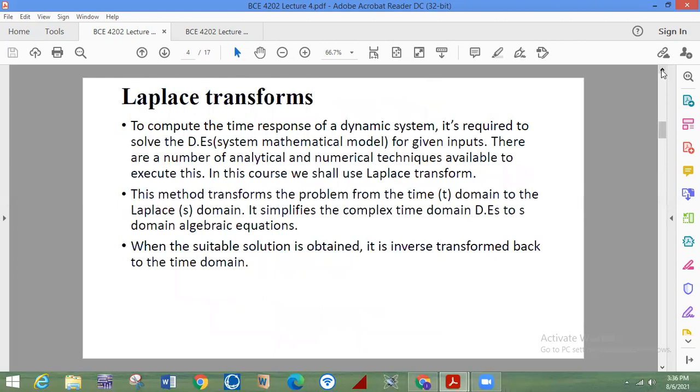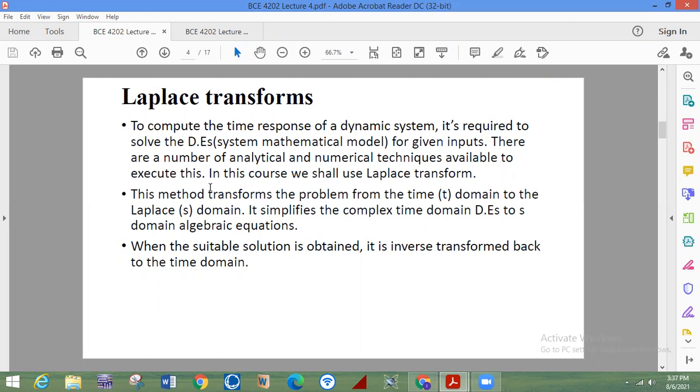To compute the time response of a dynamic system, it is required to solve the DEs, the differential equations. These can be system mathematical models for given inputs. There are a number of analytical and numerical techniques available to execute this. In our course, we shall use Laplace transforms.